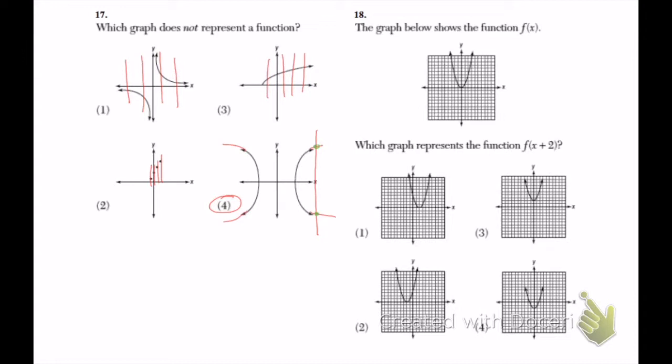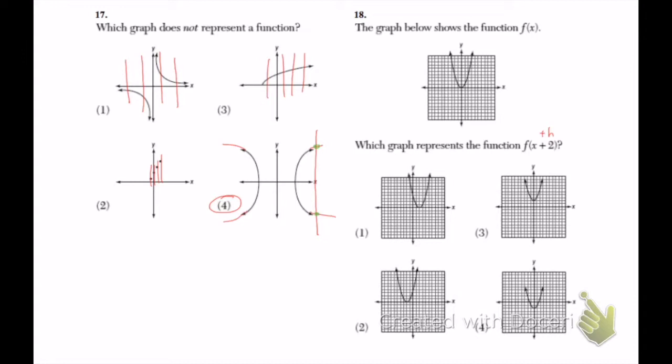Alright, question number 18 reads, the graph below shows the function f of x. Which graph represents the function f of x plus 2? Well, we can say that plus 2 inside the parentheses is our plus h value. And we know that when it's a plus h, we are moving to the left. So let's look for a graph that moves to the left.